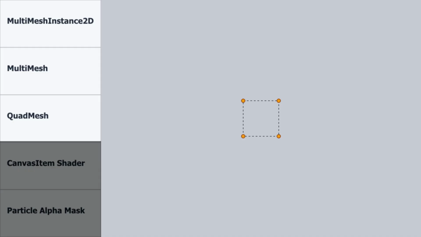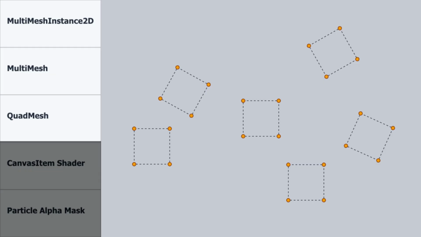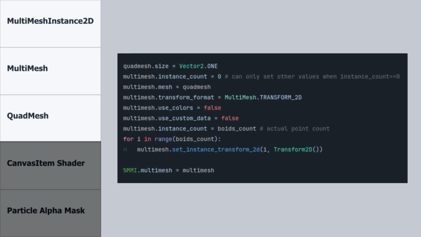A multi-mesh is the wrapper for that quad mesh. It tells Godot how many instances of that mesh to keep track of, 1 instance per particle in our case. We'll set the multi-mesh's instance count to the number of particles in the simulation. There are a ton of other features you can use with multi-mesh, but for now we just need it to know what mesh to use, how many times that mesh should be used, and what the initial translations should be.